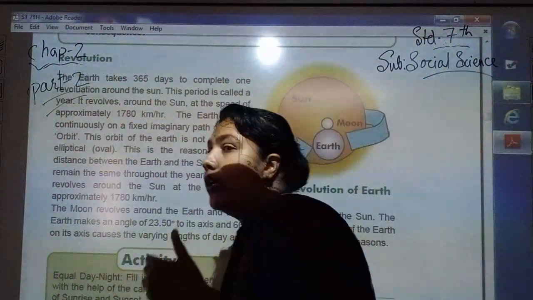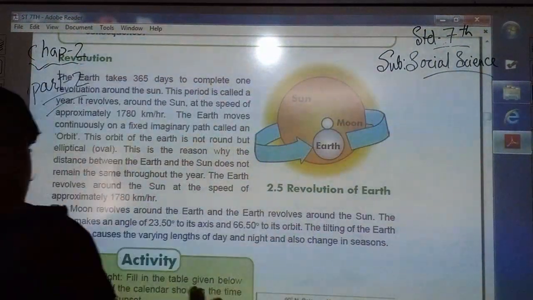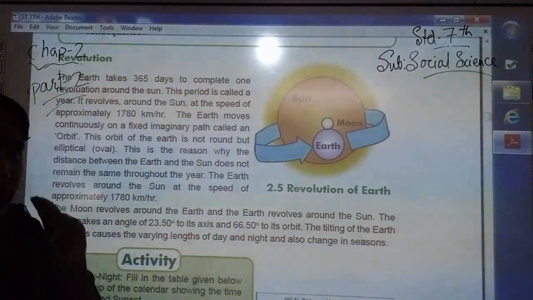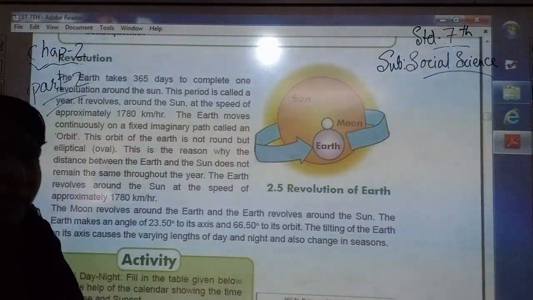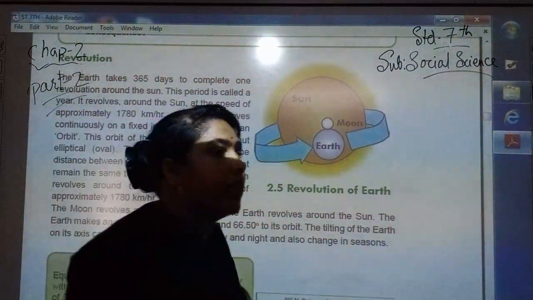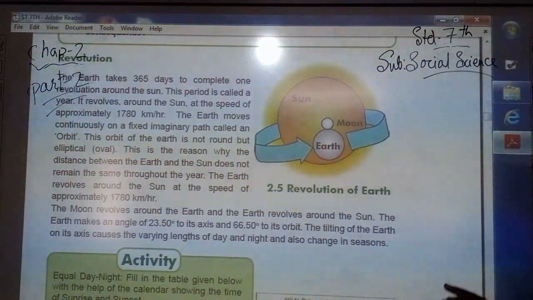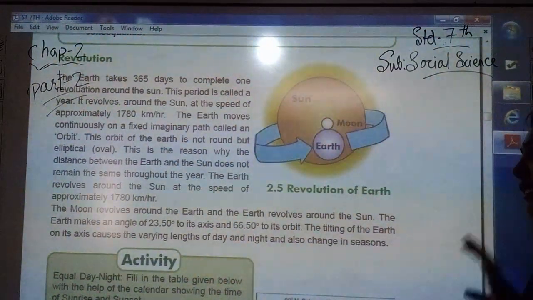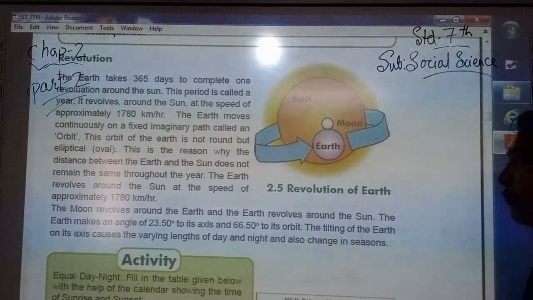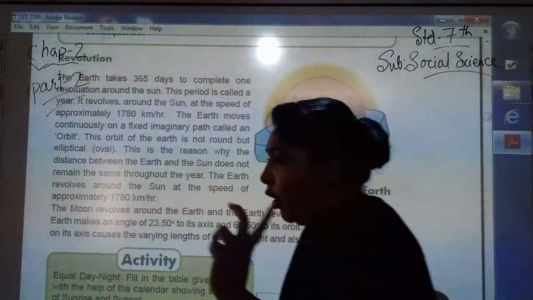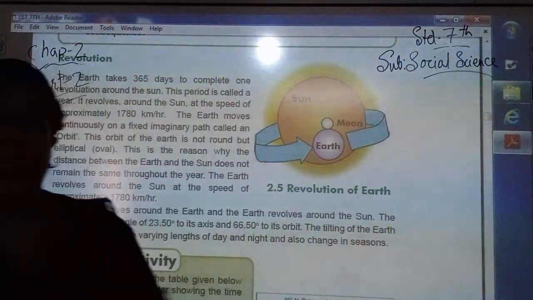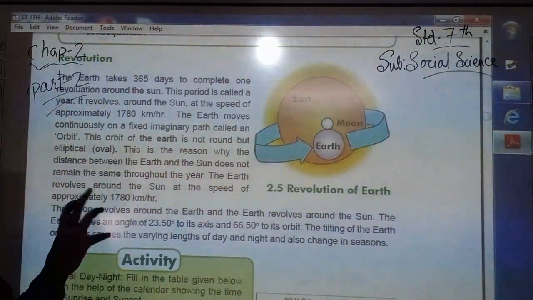What is called revolution? The earth rotates on its own axis, then revolves around the sun. When it is revolving around the sun, it is a revolution. How much time does it take? 365 days, that is, one year. What is the speed of the earth when it revolves?